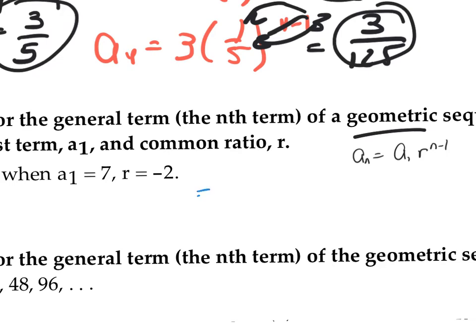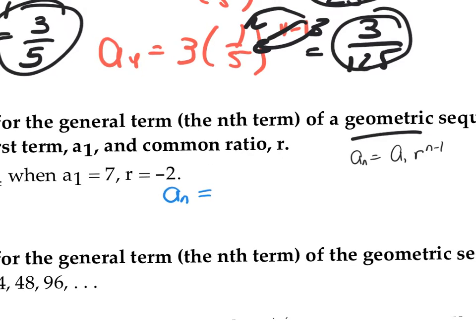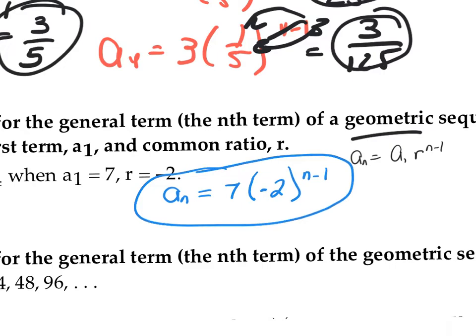So I'm going to write a sub n equals, first term is 7 times, guys, whoever's moving around, just stop for a sec or mute yourself. So I have first term is 7, and then the common ratio is -2 to the n minus 1. And that's what you would look for in your answer choices.